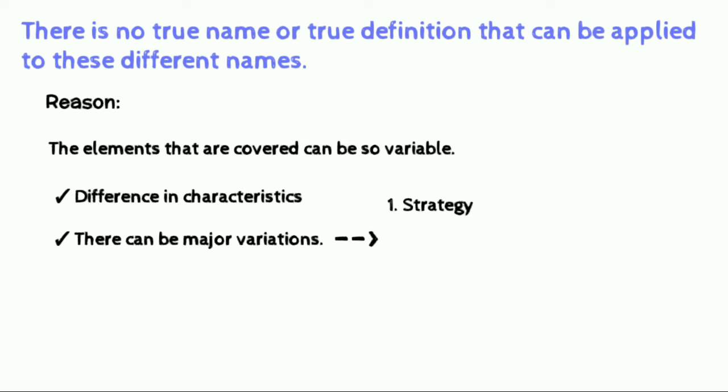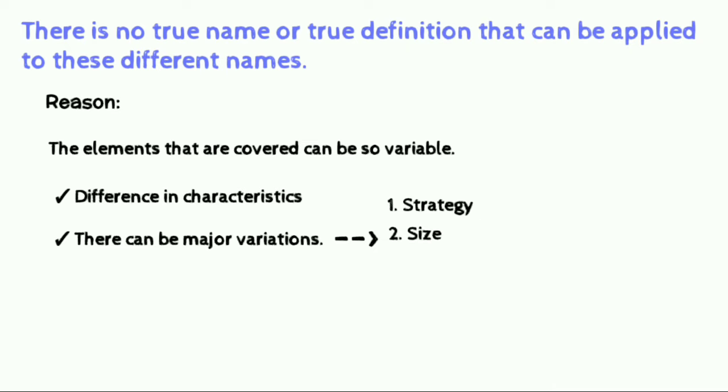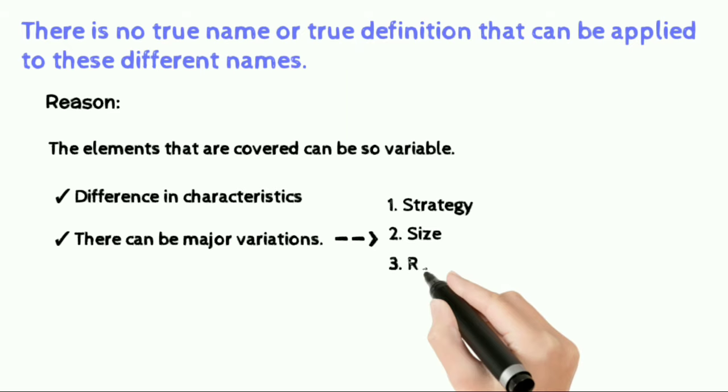Yung strategy ni business A is different from the strategy of business B. Aside from the strategy, we can also say that they are different in terms of size. Merong mga businesses na malalaki at meron yung mga businesses na maliliit. Of course, yung mga corporations, yan yung mga malalaki. And yung mga single proprietorship or sole proprietorship, yan yung mga maliliit.